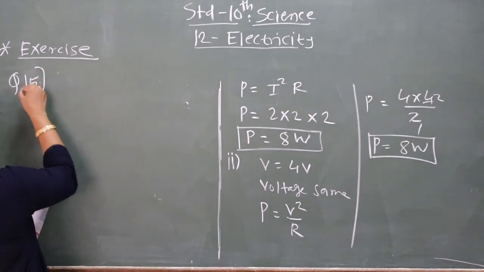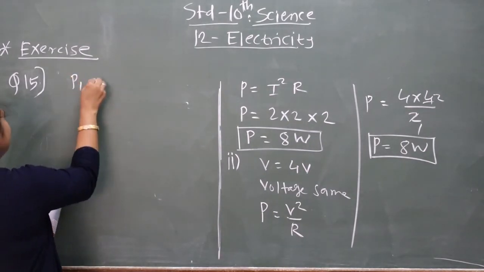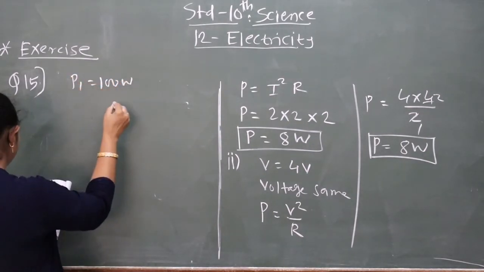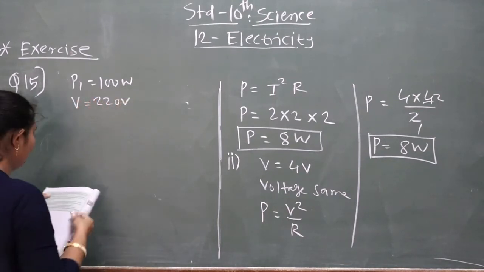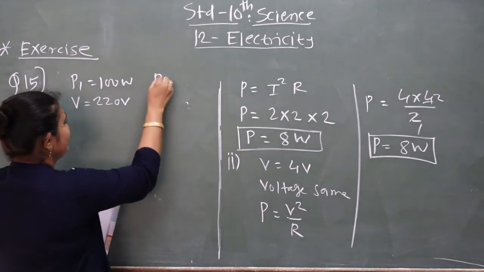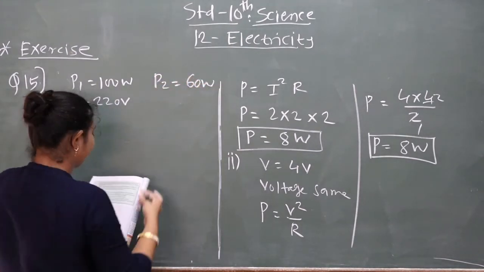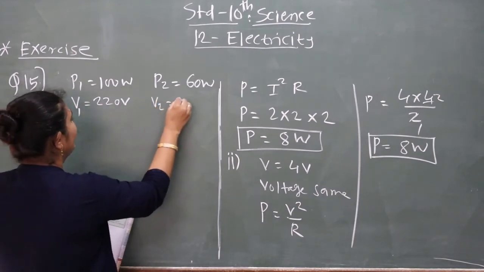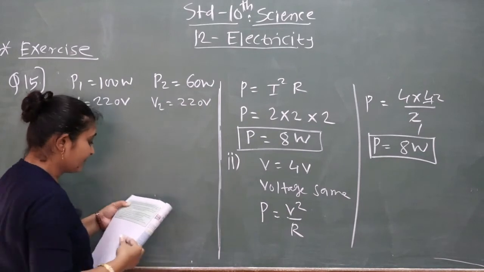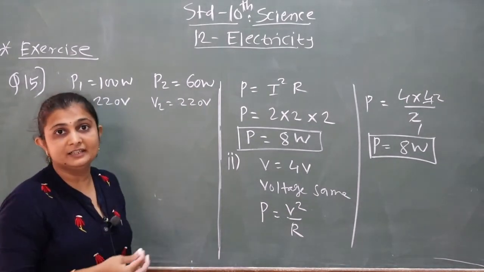P1 is equal to 100 watt and V is equal to 220 volt. Another condition is there, P2 is equal to 60 watt. Again voltage is the same, 220 volt. What current is drawn from the line, and we have to find the current.